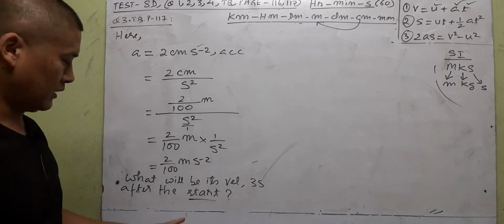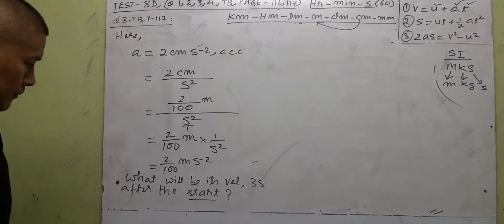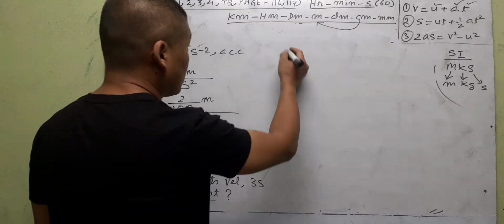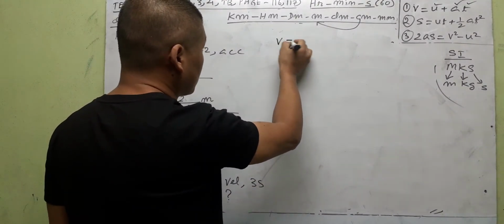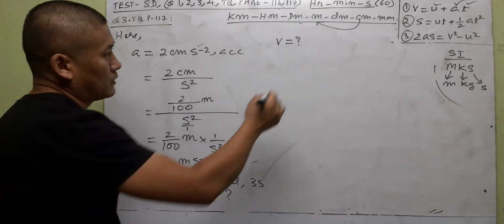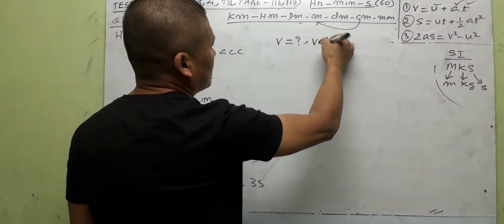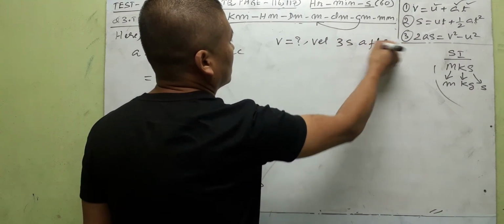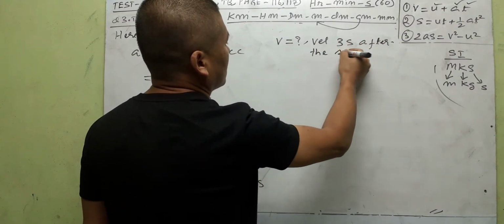So this is one more keyword here, because start, right? Start means it was at rest in the beginning. So that means effectively v is equal to question mark. They're asking for final velocity. That's why we put v. This you can just write as velocity 3 seconds after the start.